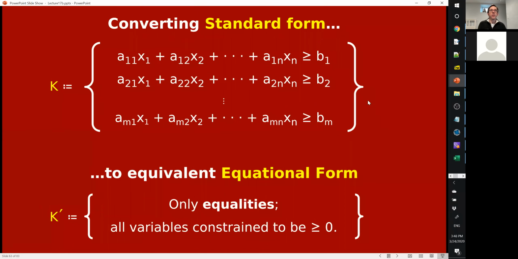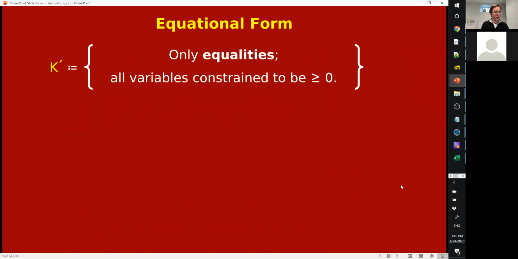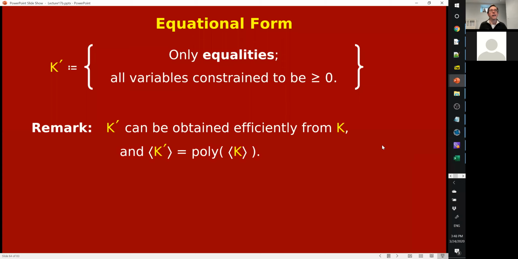What I've told you now is that we can take any standard form LP K and convert it to an equational form LP that's equivalent. And let's write this equational form LP in a bit of a simpler form. Let me also remark that you can obtain K prime efficiently from K, and the size of K prime is very similar to K. The number of bits you need to write down K prime is probably linear in the number of bits you need to write down K. They're polynomially related.